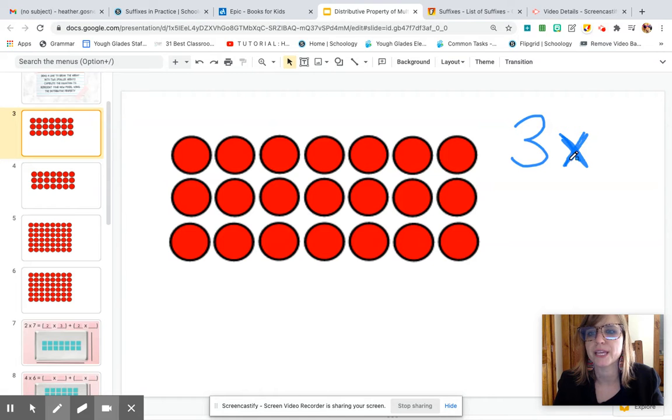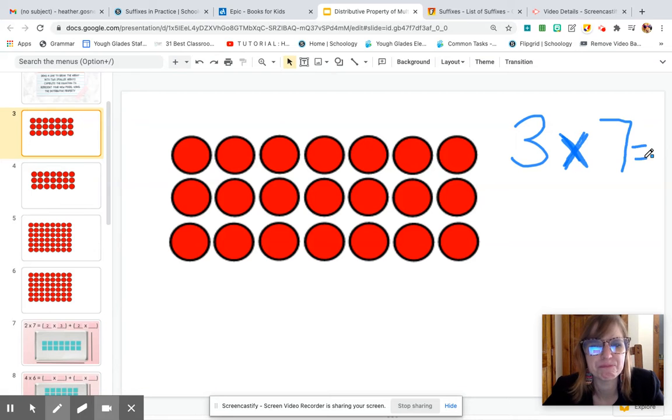It's all the multiplication symbol means. 3 equal groups of, how many are in each group? Well, how do you find that out? You look at the columns, count the columns. 1, 2, 3, 4, 5, 6, 7. 3 equal groups of 7. 3 equal groups of 7 is the same as saying 3 times 7.